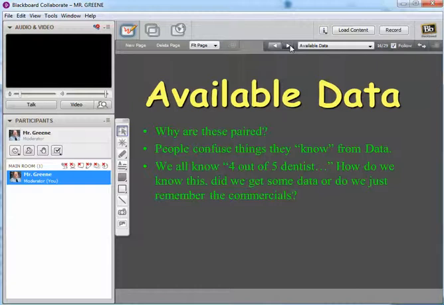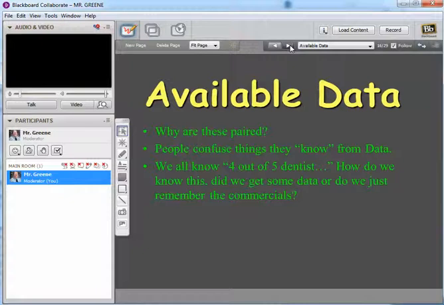People confuse things that they know with data that just happens to be out there. For example, I'm sure you've all heard that 4 out of 5 dentists, a commercial that's been on TV for years and years. Do you know it, or do you have data to support it? That happens to be incidental information. Why?